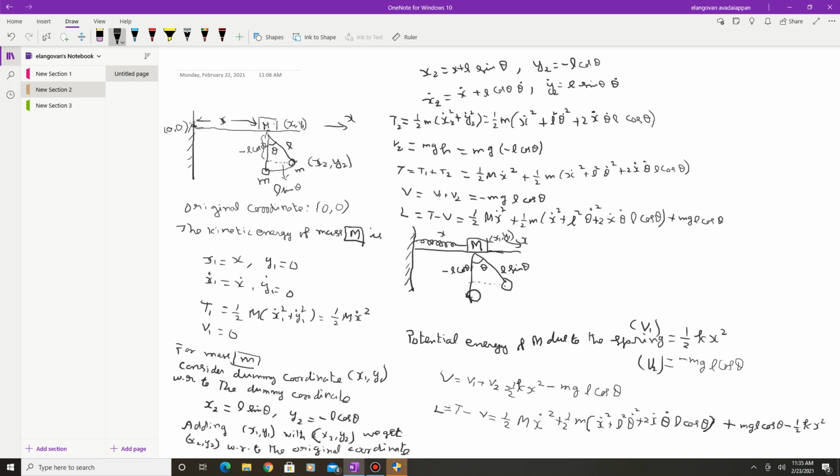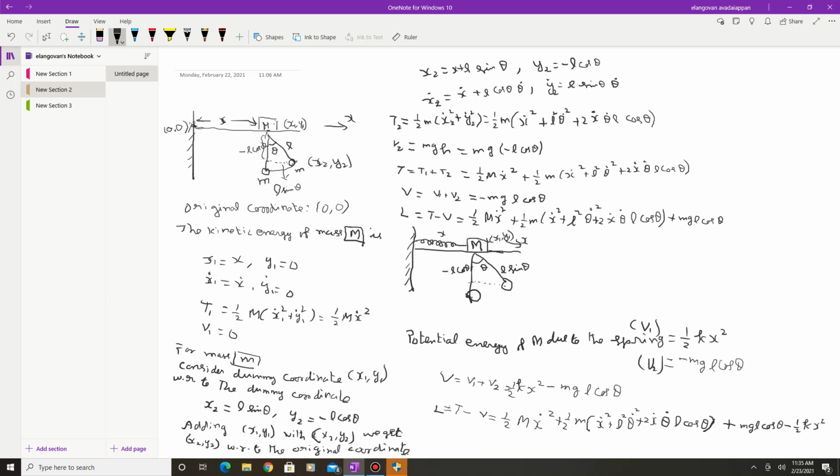The vertical distance, or height, is minus L cos theta, because it is along the minus direction, and the horizontal component is L sin theta. Let 0, 0 be the original coordinate, and with respect to it the block of mass M is moving and the pendulum is attached to it.